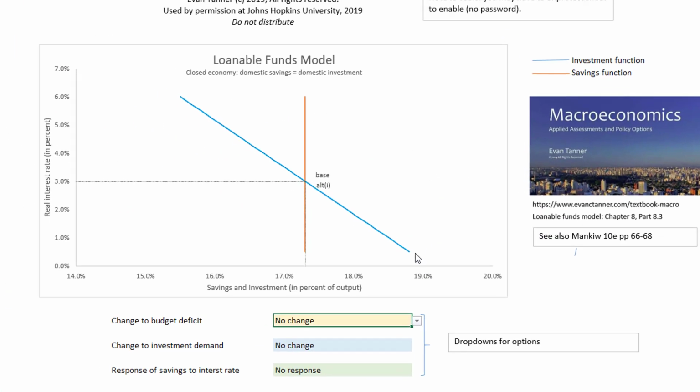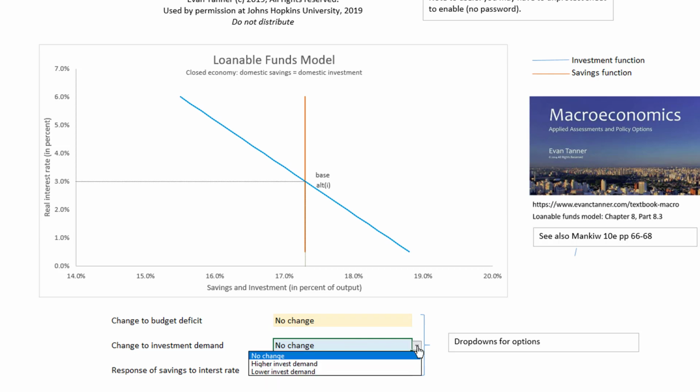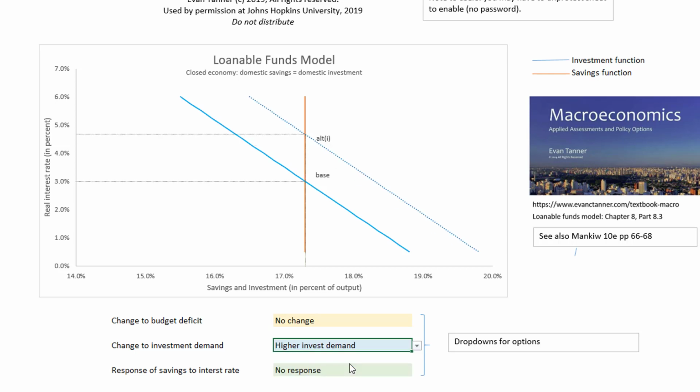So now we have a little tool. We can talk about what happens, for example, if we have an increase in investment demand. Why would you have an increase in investment demand? Suppose you have some new technological innovation and things are a little more productive, and that means you want to acquire more capital.